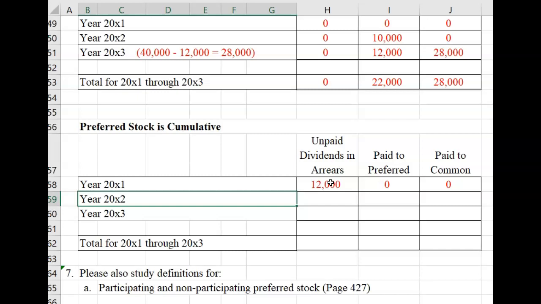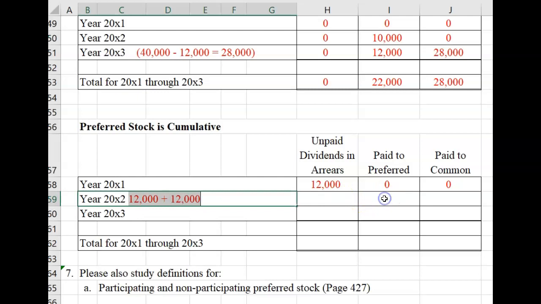In X2, we actually paid $10,000 of dividends. Let's take a look at how much we owe the preferred shareholders and who we're going to give that $10,000 to. We owe our preferred shareholders $12,000 that was not paid from X1, plus $12,000 annual payment due for X2. So we actually owe them $24,000. But only $10,000 of dividends were paid.